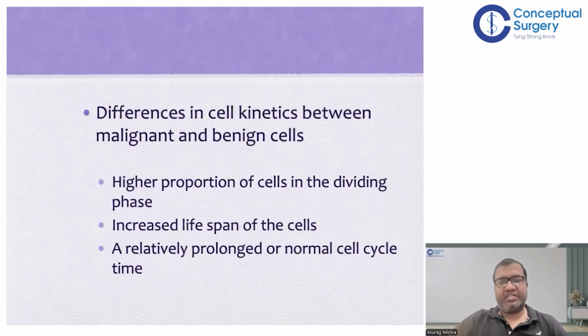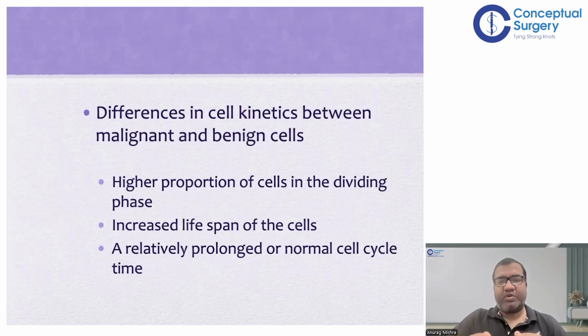There is a lot of difference in kinetics, in how cells divide in a malignant cell as well as a benign cell. We have learned in oncology that in a malignant tissue, there is a higher proportion of cells in the dividing phase. There is a G0 phase where the cells are not dividing and are resting cells. Typically 5 to 10% of cells are in the active dividing phase, and that keeps changing.